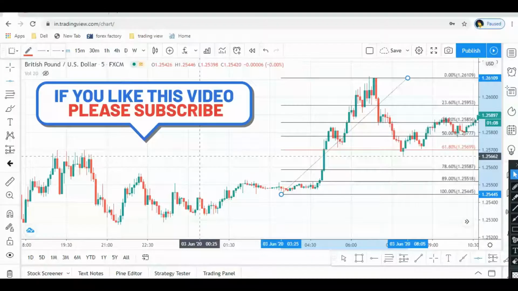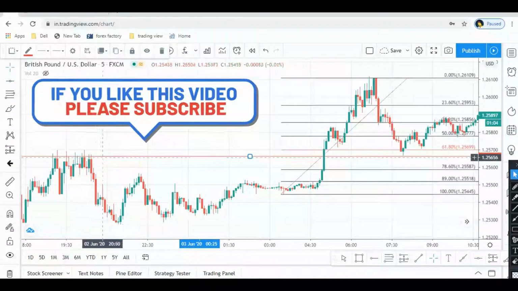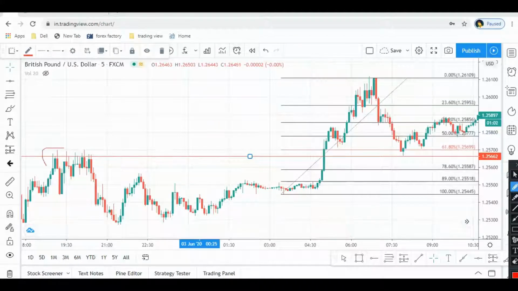this area acted as a previous resistance, and this is not a normal resistance, it's a strong resistance, which was broken out by these various candles. So in 61.8%, as I can see, just next to this 61 point, I could see this area acted as a resistance.